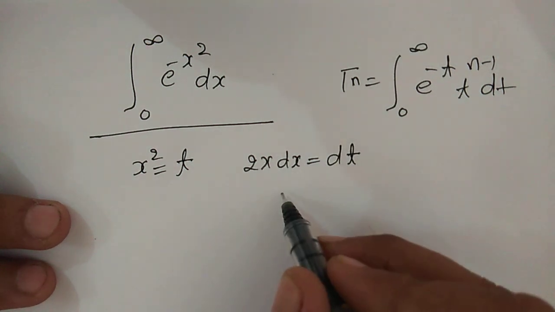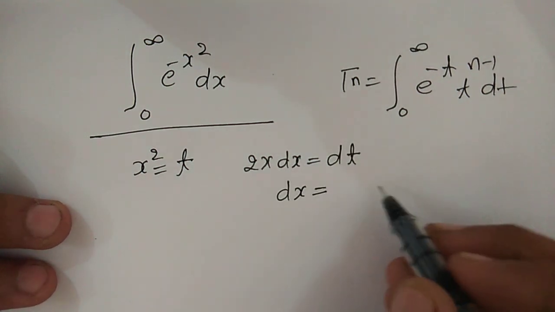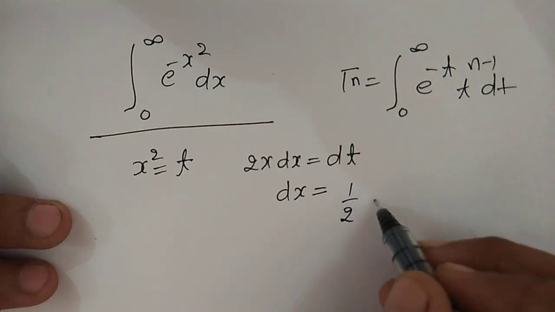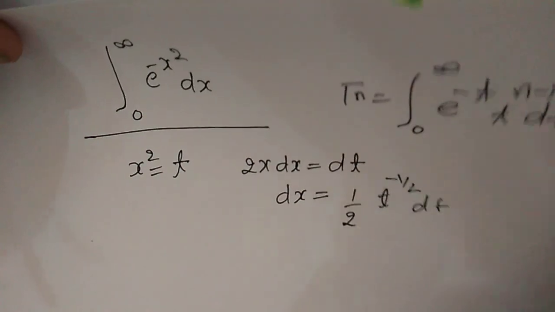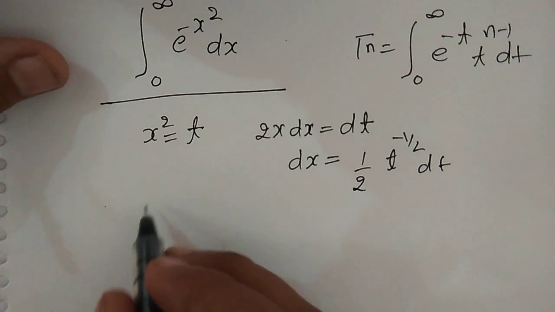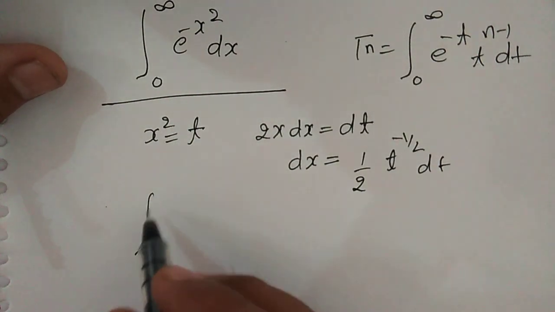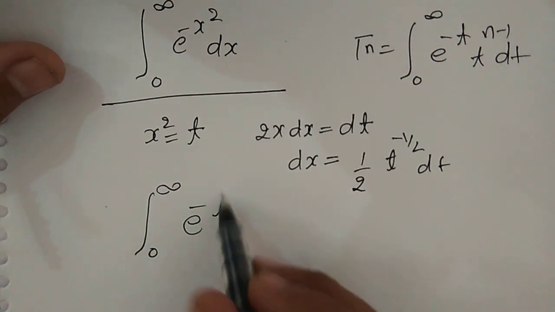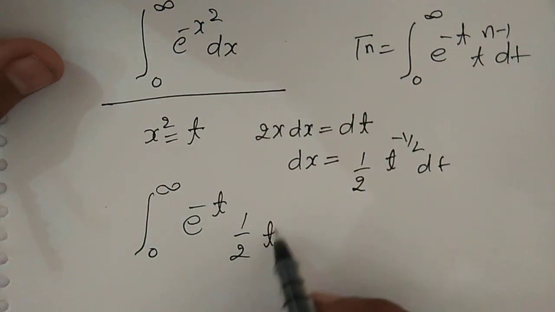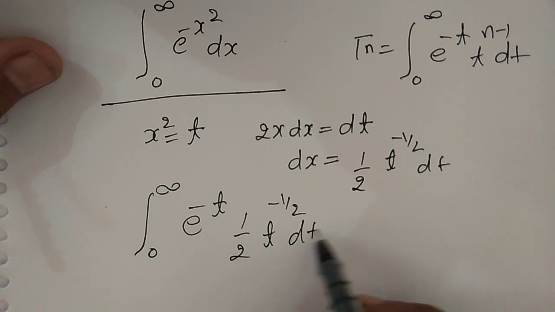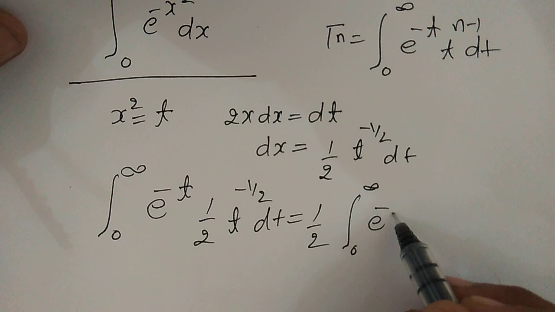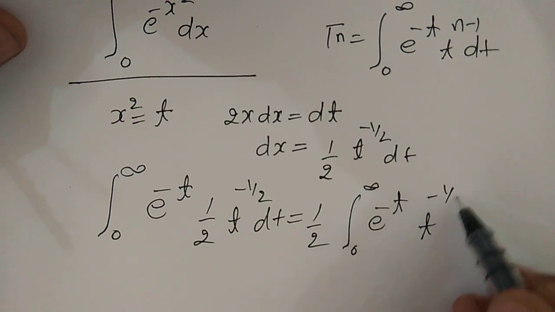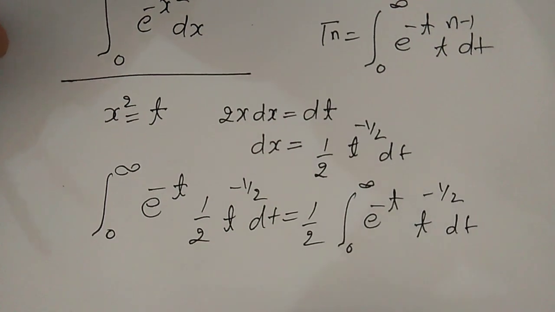So your dx equal to 1 by 2 t to the power minus half dt, right? Then the limits will be the same, so e to the power minus t times 1 by 2 t to the power minus half dt. So 1 by 2 integral 0 to infinity of e to the power minus t, t to the power minus half dt.